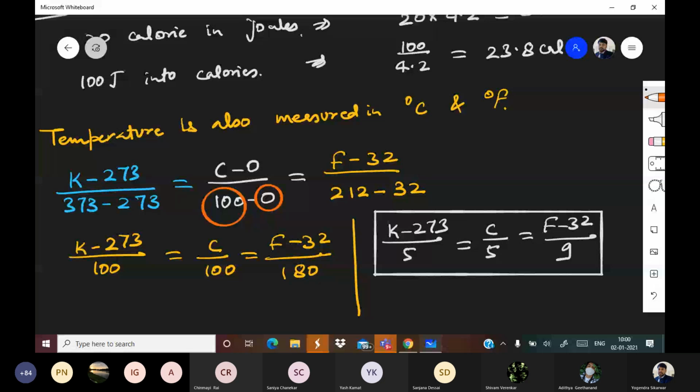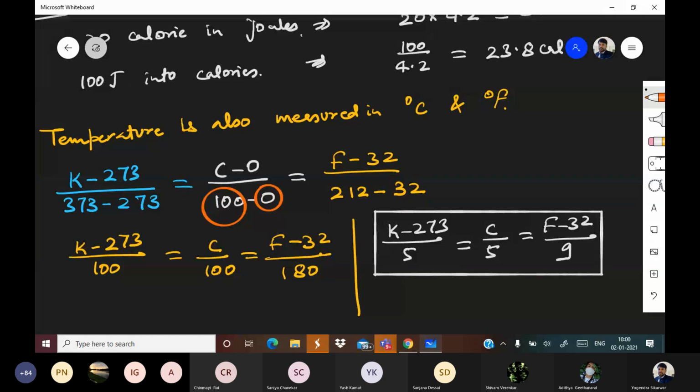And these two are very important for water. Why? Because these are boundaries. When you are freezing water, it is converting into ice, which is solid. When you are boiling water, it is converting into steam, which is vapor, or you can say gaseous state. So 0 and 100 are important benchmarks for water.